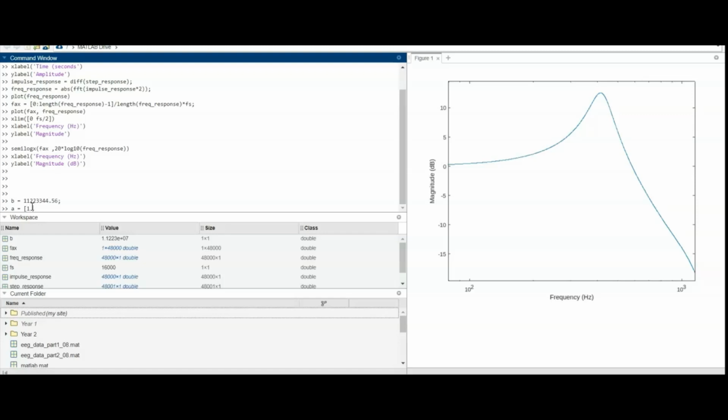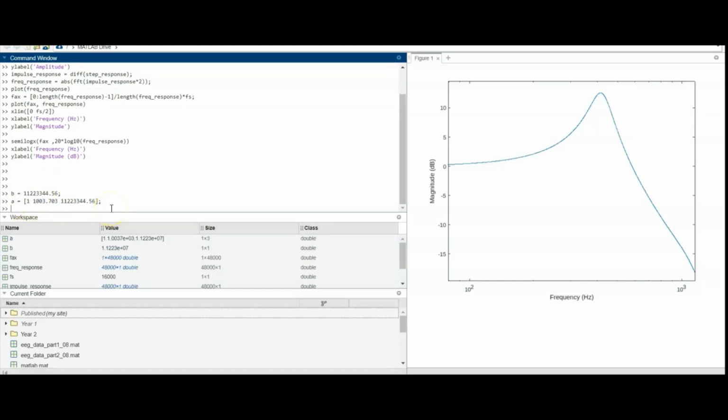So we've got 1, 1003.703, and 1, 2, 3, 4, 4.56. So that should be correct. So those are B and A. Now we're going to make system 1, and it equals the transfer function with our B and A coefficients.